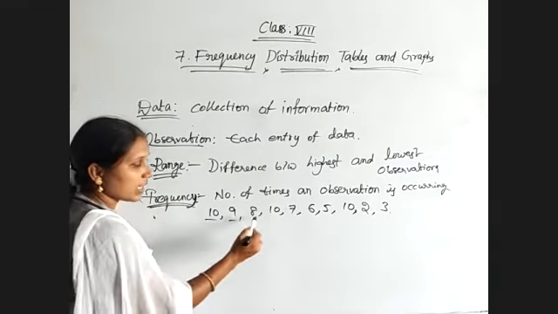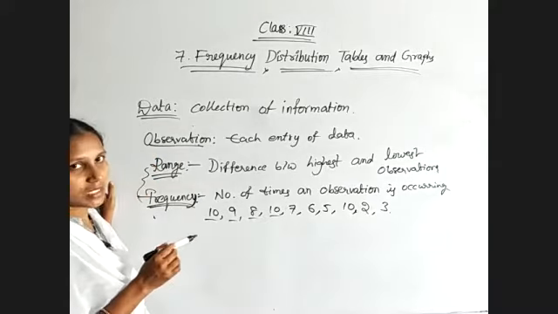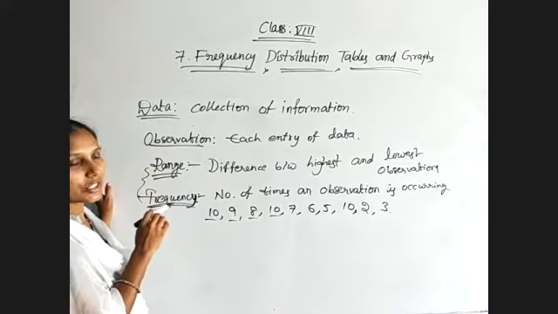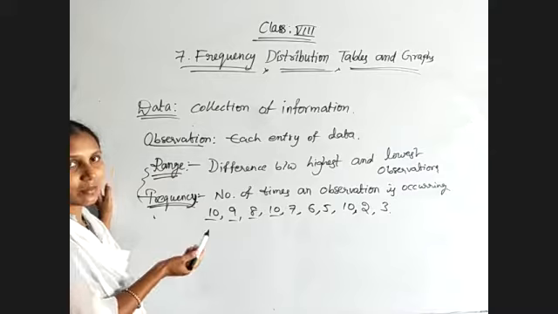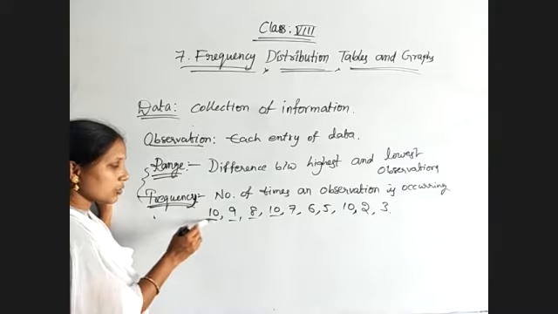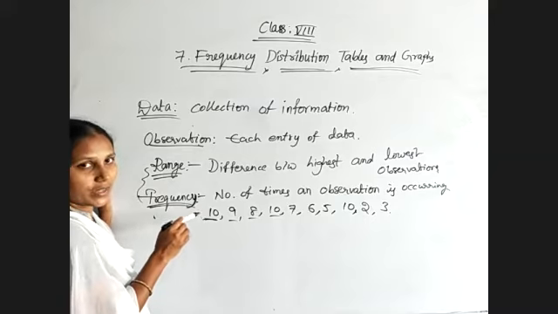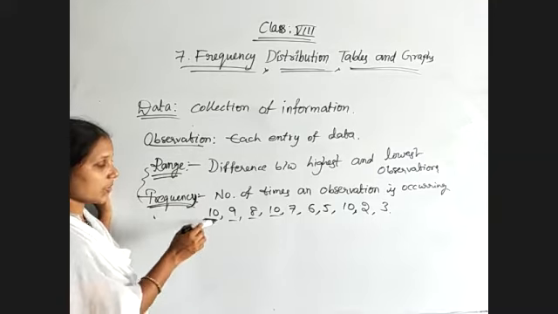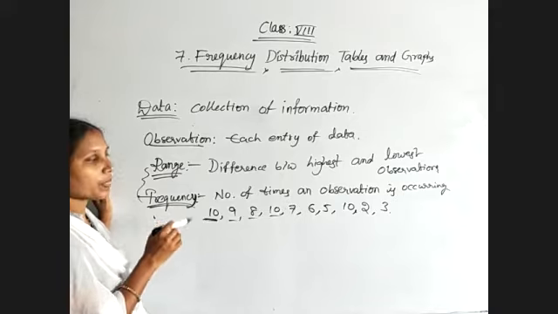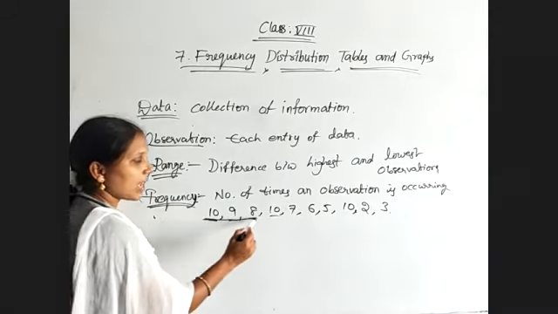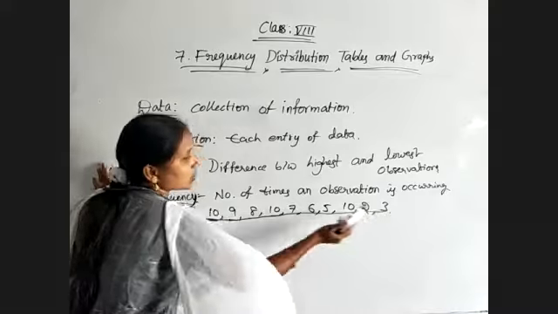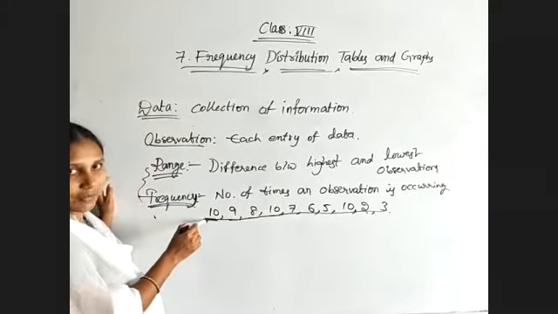This information we are collecting using numbers, so it is a collection of information, either numbers or words. Because we are using numbers, it is called numerical data. We have collected the marks of the students, so this collection of information is student data.